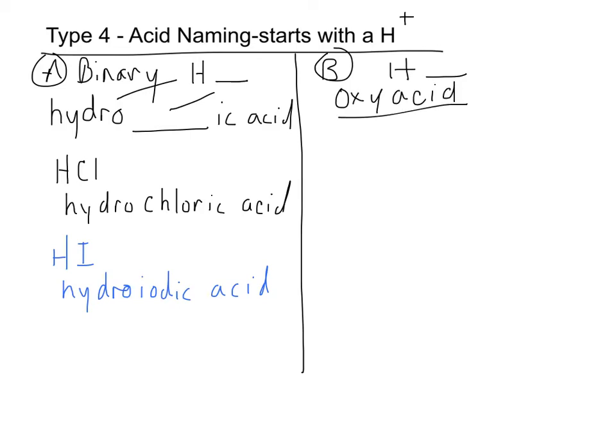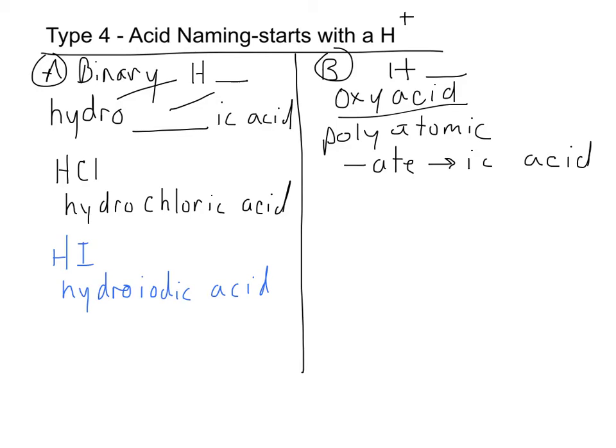Okay, an oxyacid. So on the polyatomic, that group of elements that hangs together and has a charge, if it ends in ate, then it's going to change the ending to ic and add acid. Now the way I remember this is I love Thanksgiving dinner, but I always eat too much and I'm always sick after.